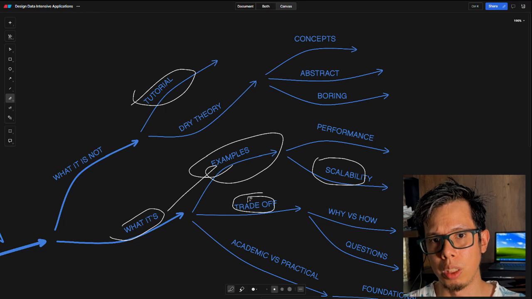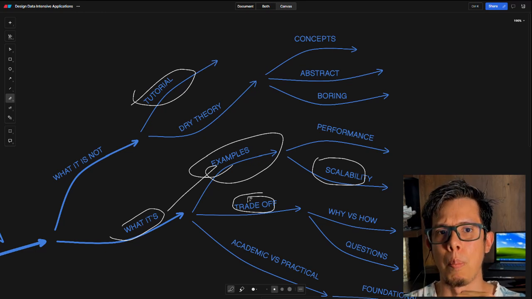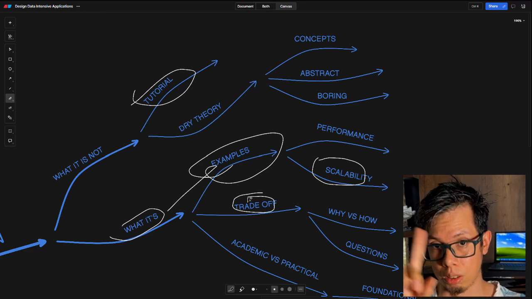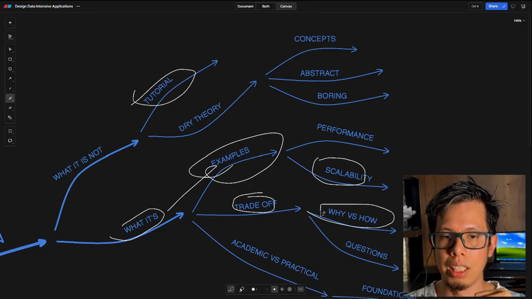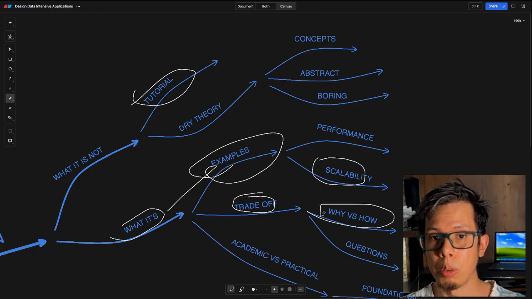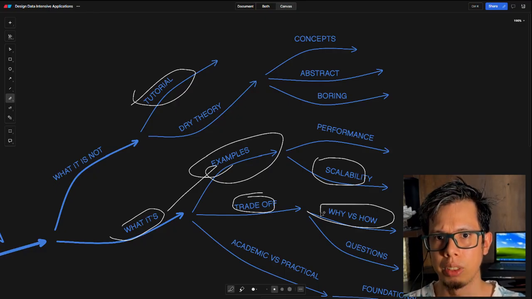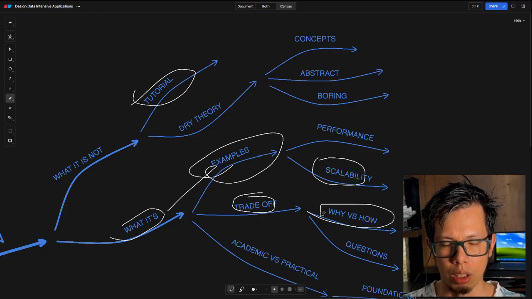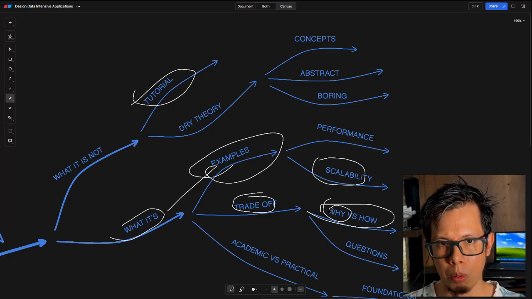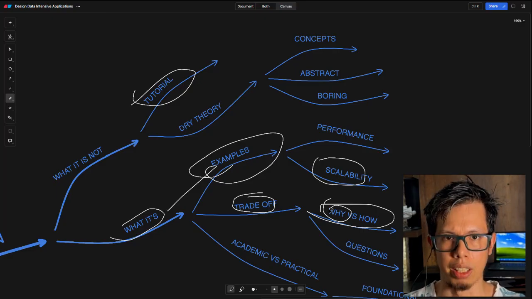And when you start to have more intuition and more practical concepts, you will have better questions, and maybe instead of learning how to implement this, you will start to ask why I have to implement this decision, why I have to take this implementation, why. So that's important to know. In this book you may start to understand why.